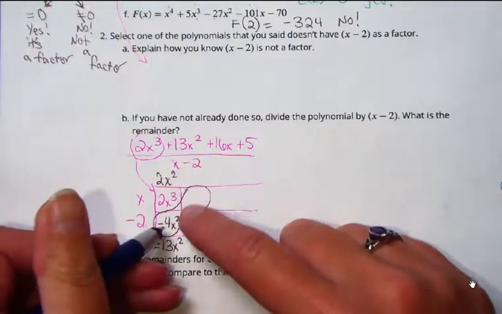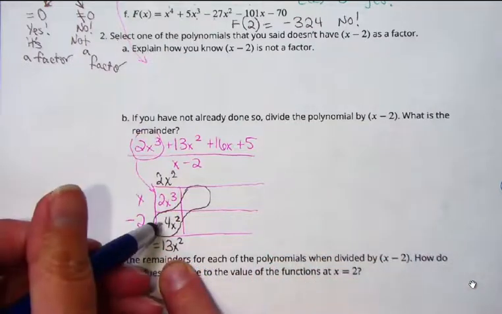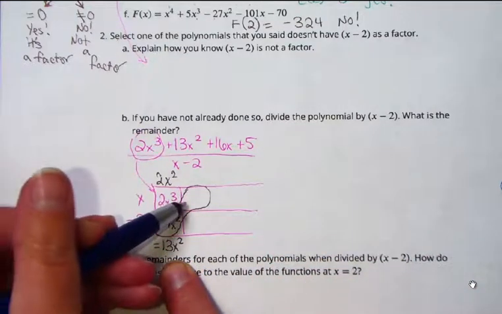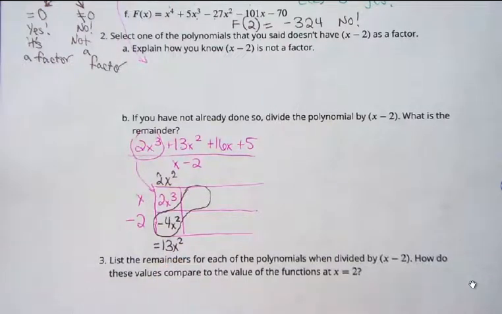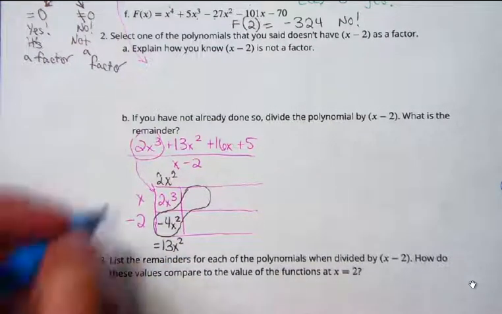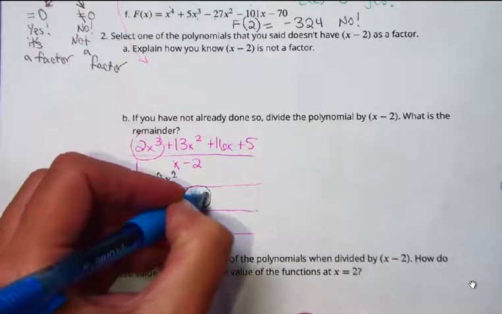So we multiply into the boxes, we add to get out. Negative 4 plus something has to get to positive 13. So that's going to have to be a positive 17x squared.